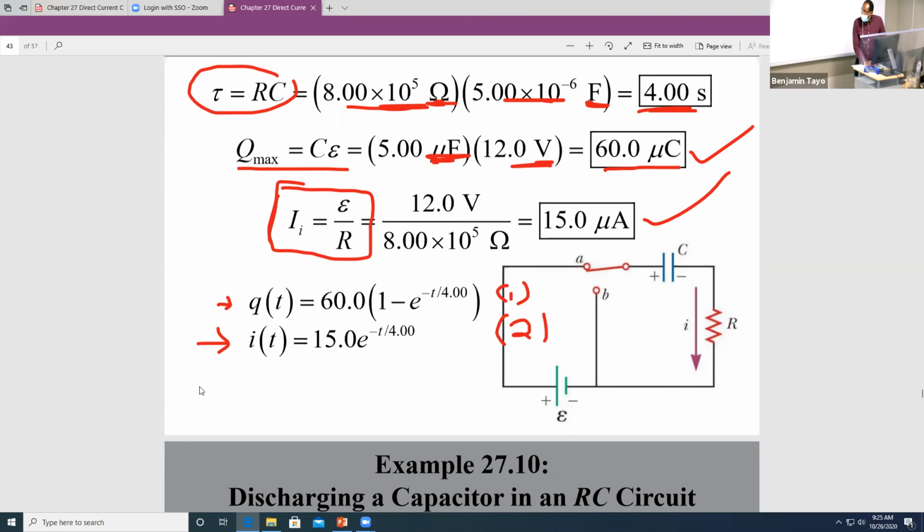I want to go in this equation and substitute t equals 4.0 seconds. If you put t equals 4.0 seconds into equation number 1, what do you get?